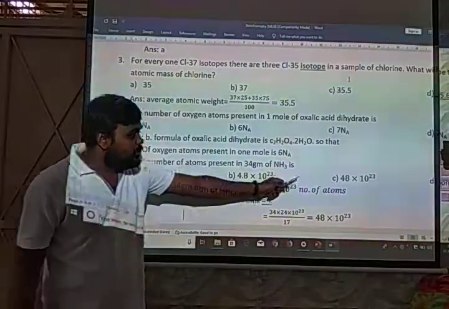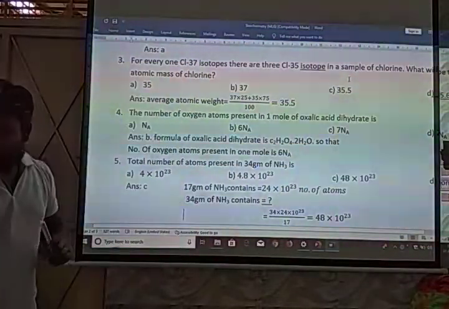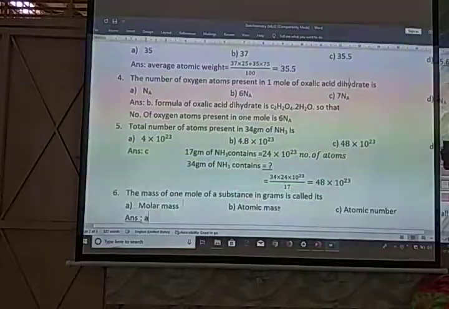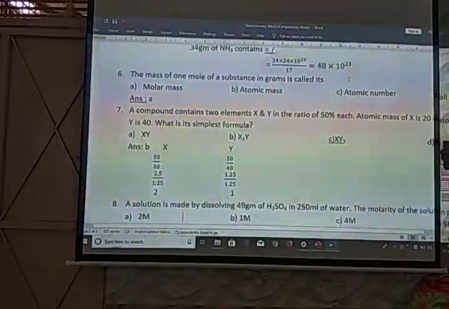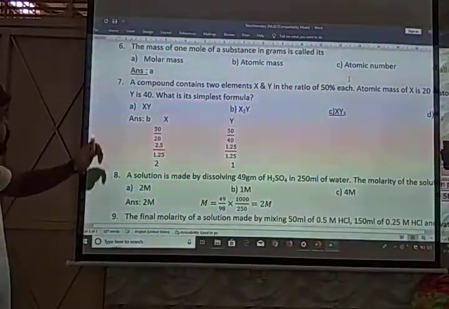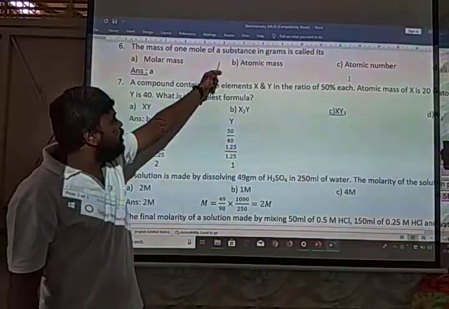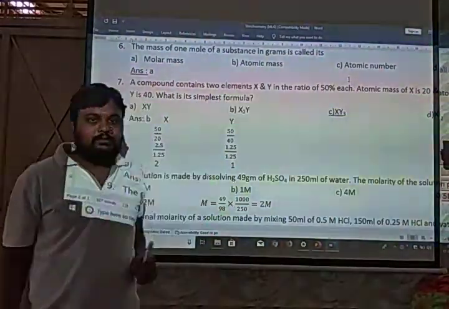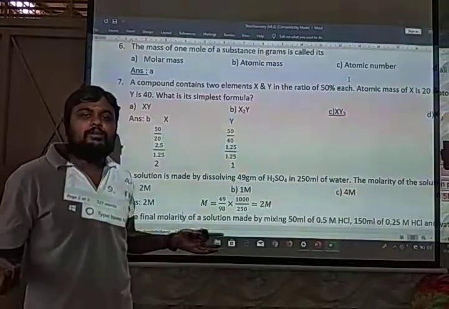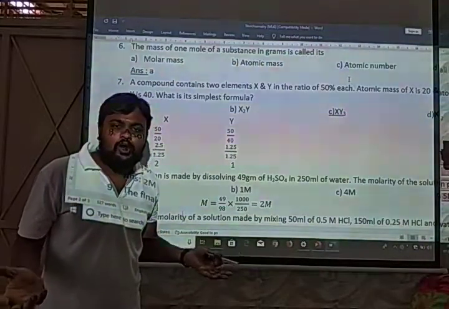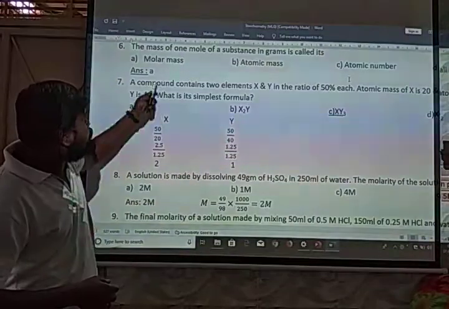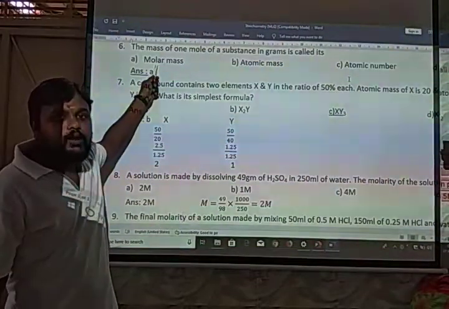That is option C, the right answer. Next, the sixth question: the mass of one mole of a substance should be equal to molecular weight. Hence the answer should be molar mass. Easiest question.